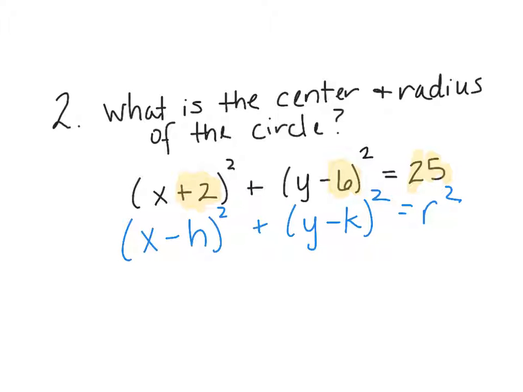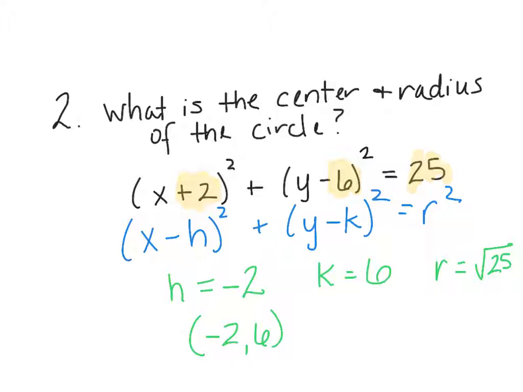So that means h is equal to negative 2, k is equal to 6, and r is equal to the square root of 25. So our center would be (negative 2, 6), and our radius would be equal to 5. In this case, we're going to take the positive root because we're talking about a linear measurement and we do not want a negative 5 radius.